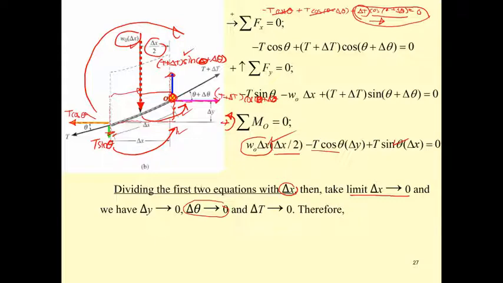Since you divide this term by delta x, you get d of T cosine, with respect to x, to be 0. Okay, the change of the T cos theta is 0. So we get the differential of the T cos theta with respect to x is 0.